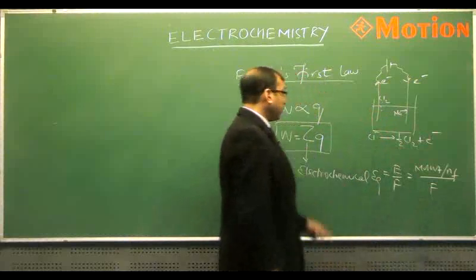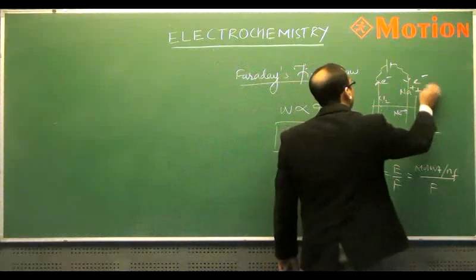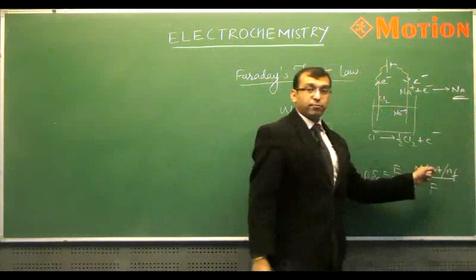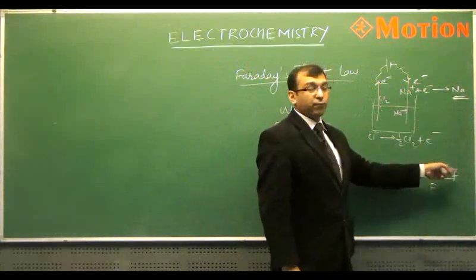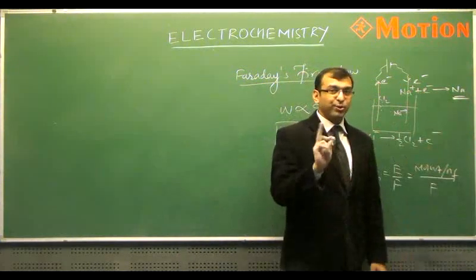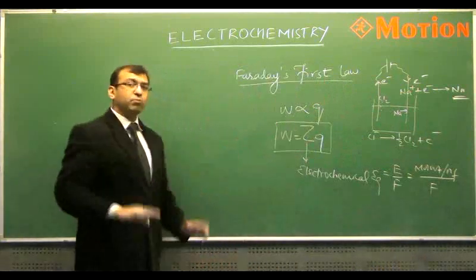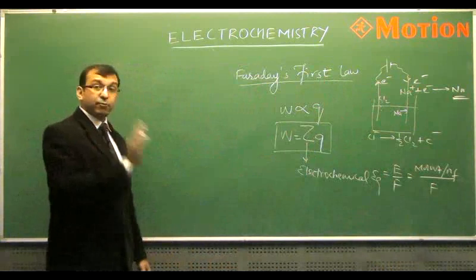But if you apply it on sodium, it's quite simple, because Na plus electron gives sodium. The atomic weight of the material discharged is 23. The n factor of sodium, for 1 mole sodium, is 1 electron, so it is 1, not 2. So the n factor at anode and cathode may differ, no issue with that, because you will be applying it either on the anode or on the cathode at a time.